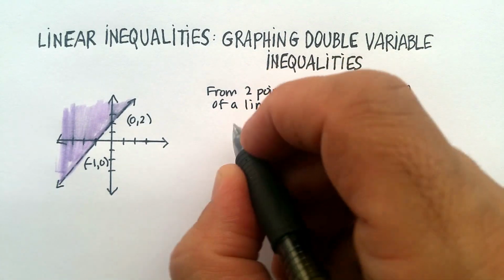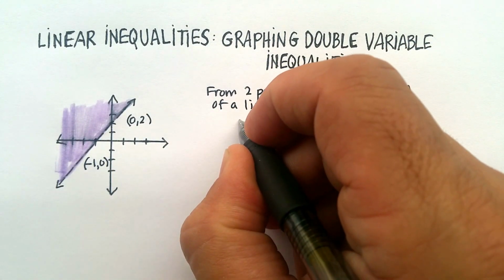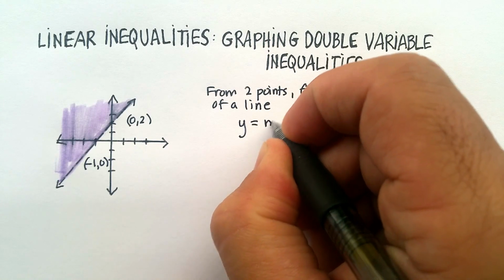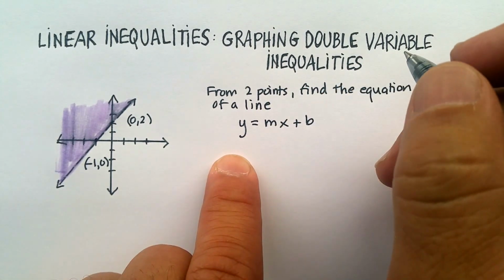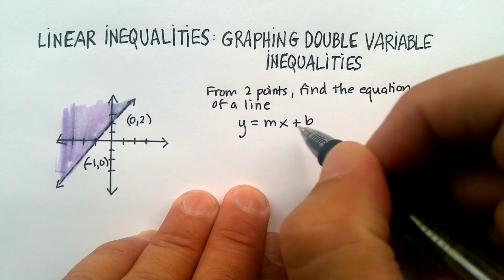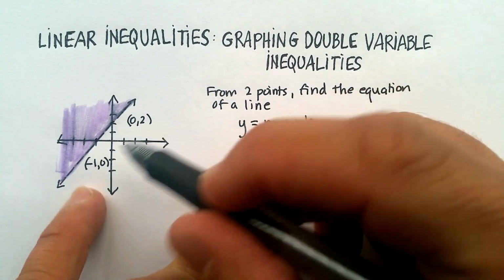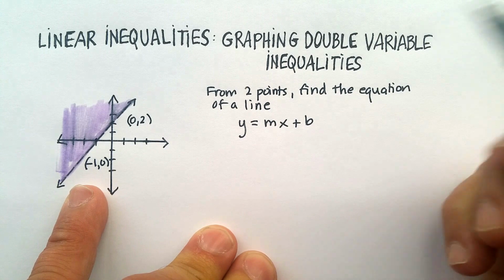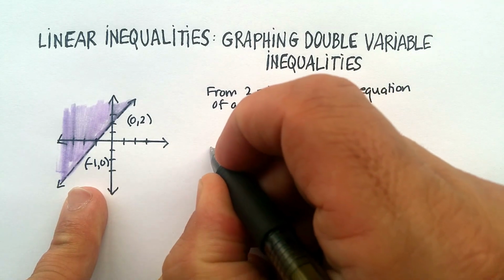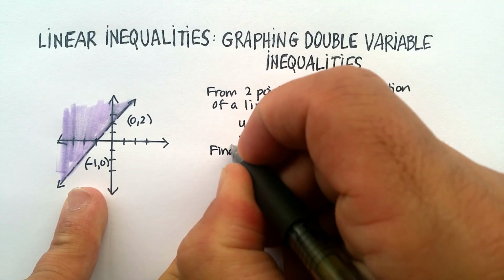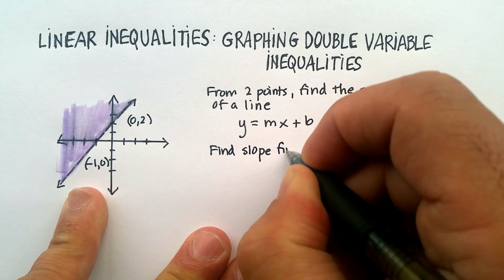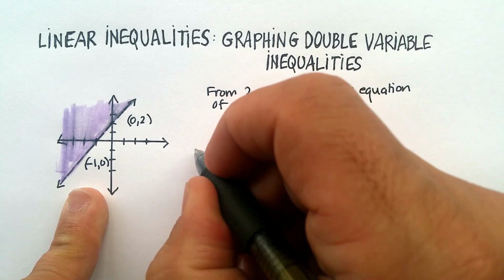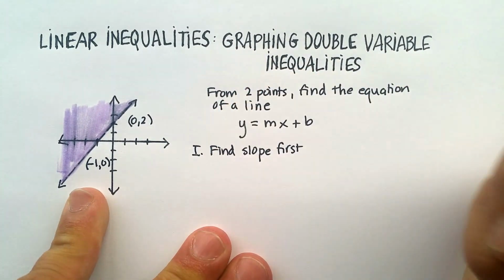I'm going to try to fit this into the form y = mx + b. So that's the form of the equation. And since I know 2 points, I'll be able to figure out what the slope is, right? So here I'm going to do find slope first. And this is going to be kind of like my very whole first paragraph.